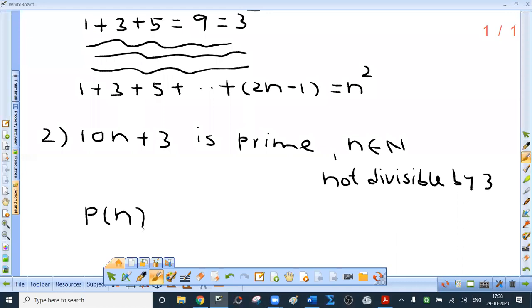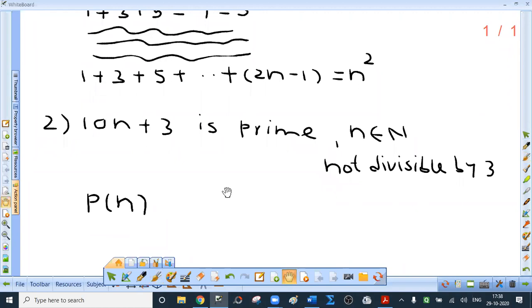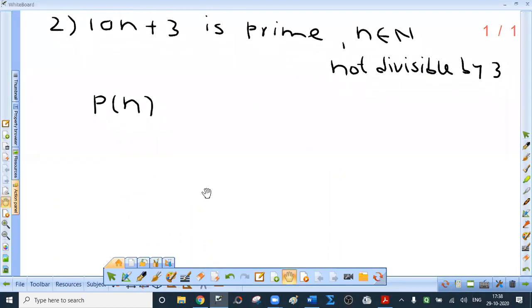Now in that, what do we do? Let P of n be a statement or result associated with every natural number n. Let me explain first. After this, we will discuss one solved example, right? The first step, we verify that the result is true.